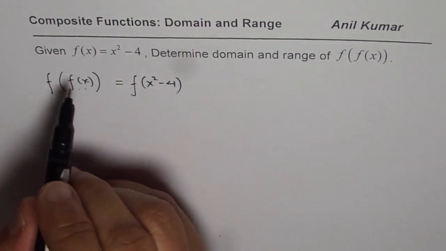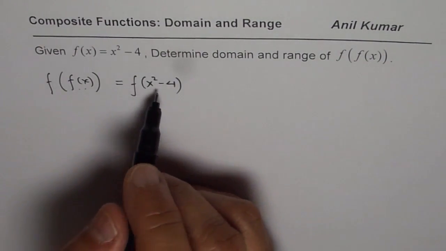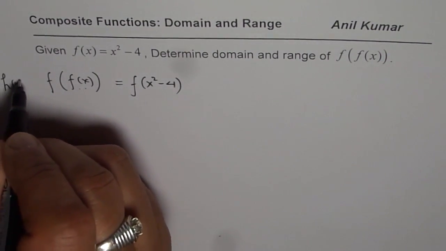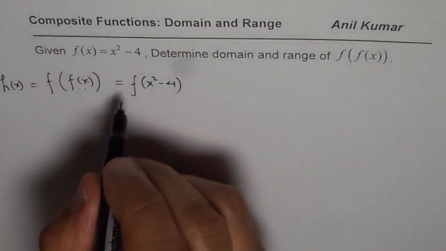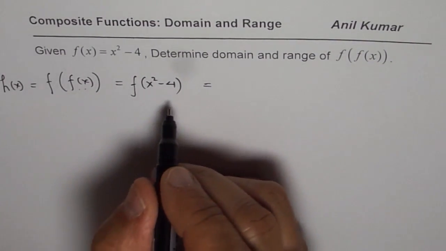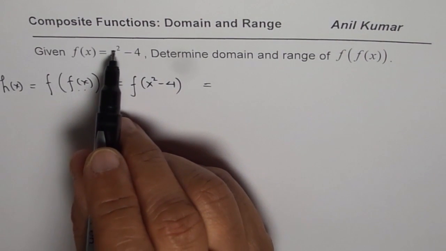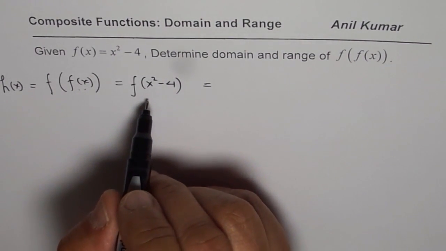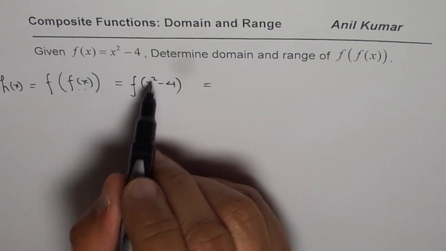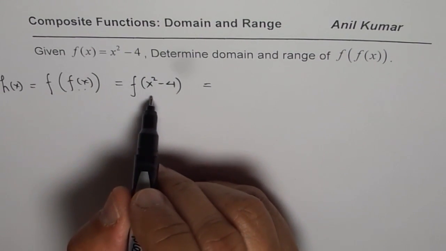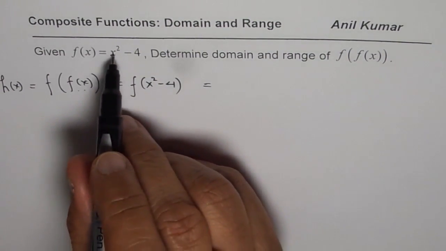Now, when we find f of f of x, let's name this h of x equals all this. Now it becomes easier to communicate. So now we'll replace x with x square minus 4. It is composition of a function with itself.